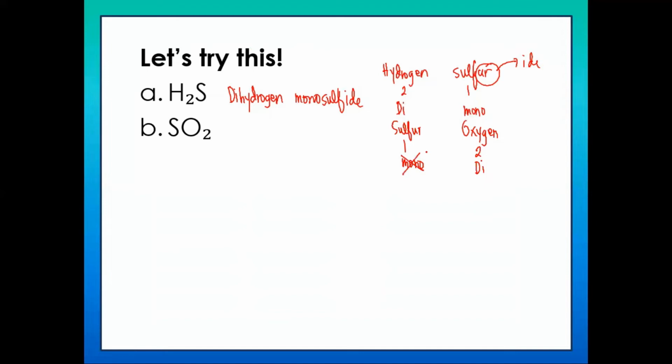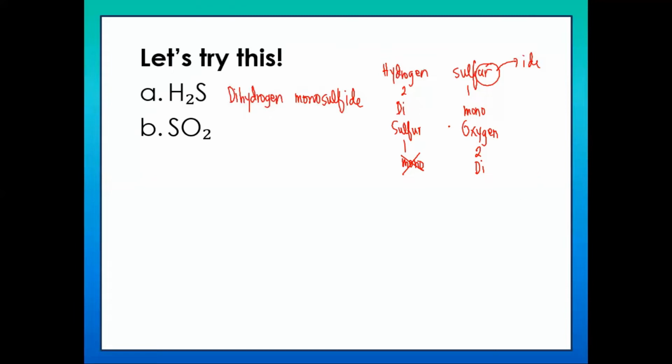In other words, if you've noticed that the first element in the given compound has 1 atom, the prefix mono will no longer be added. That's the rule that you have to remember also.